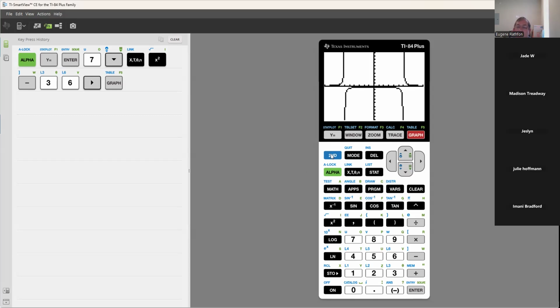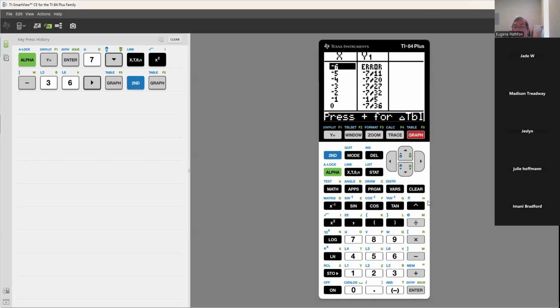And y'all, let me show you the table. By hitting second graph, you get an error at -6. That's your first vertical asymptote. If I go down to +6, I get an error. That's my second one. Now watch as I go bigger and bigger on the x's.